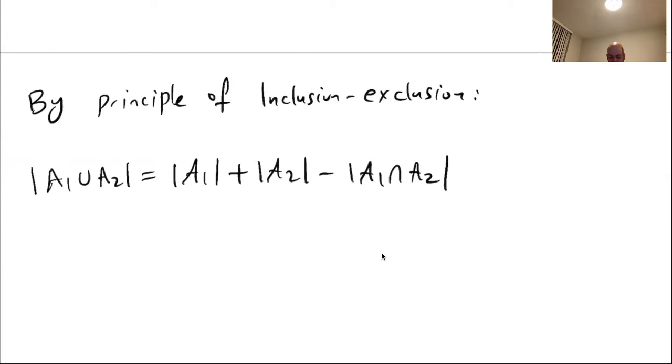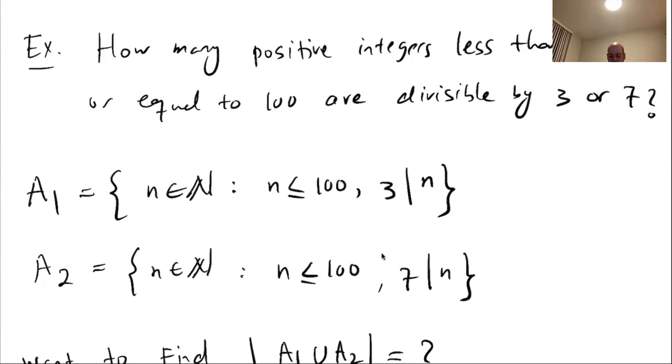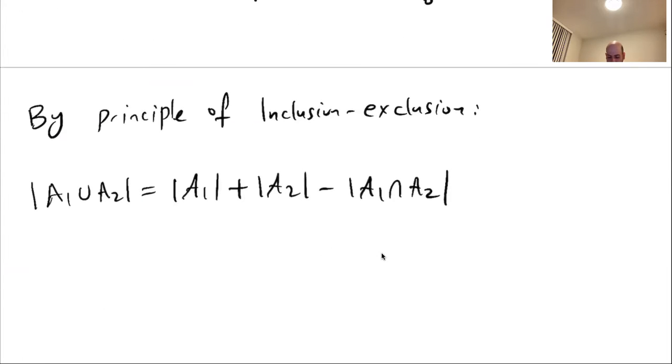Now in A1, how many elements do I have? A1 is the set of all numbers less than or equal to 100 which are divisible by 3. So what is that going to be? Which elements less than or equal to 100 are divisible by 3? 3 itself, 6, 9, right?